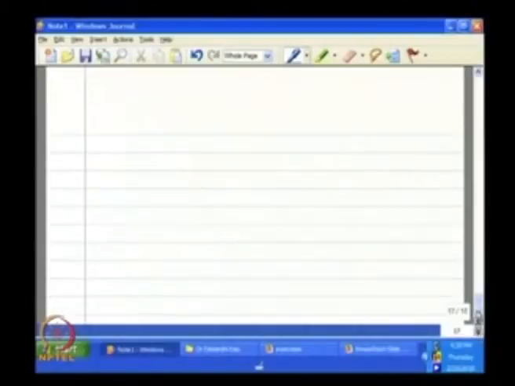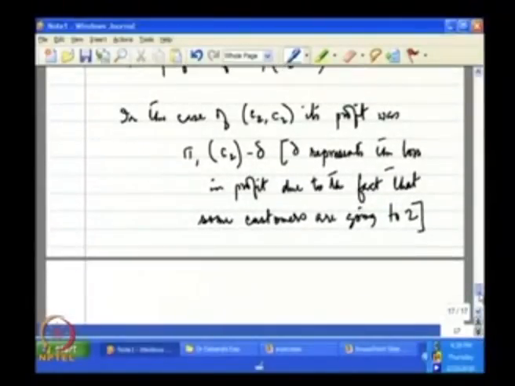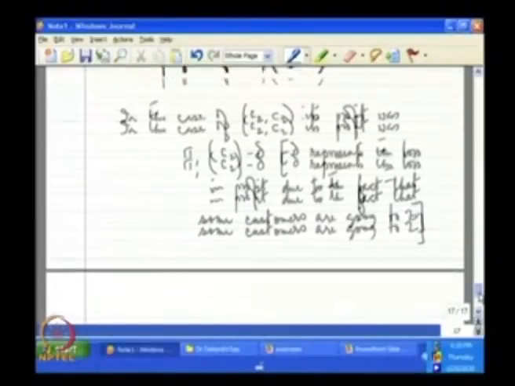So, delta is arising because some customers are going to firm 2. This delta was 0 in case A.